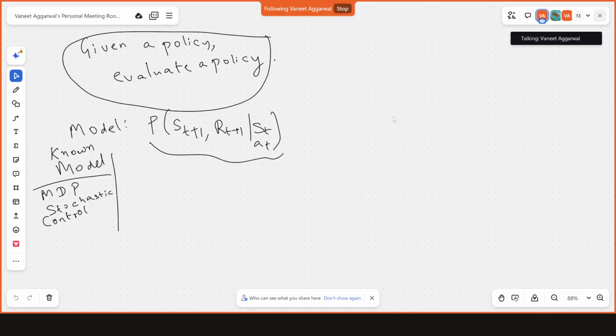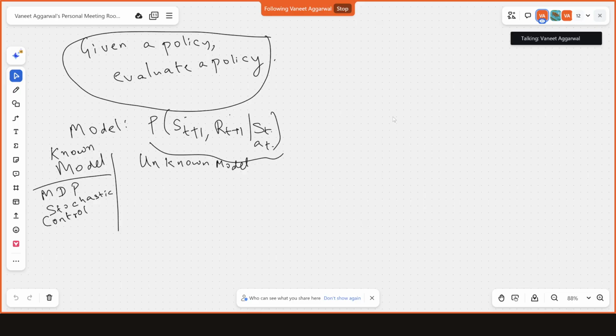Okay. Then there is a setup of an unknown model, where you do not know this transition probability, but once you give me a state and action, I can give you a sample of the next state and reward. So the next state may be stochastic, but you take the current action, and I will give you one sample of what the next state is, one sample out of the probability distribution.